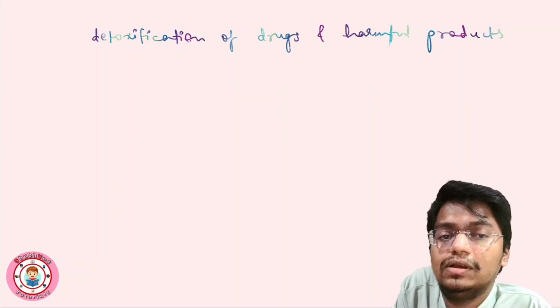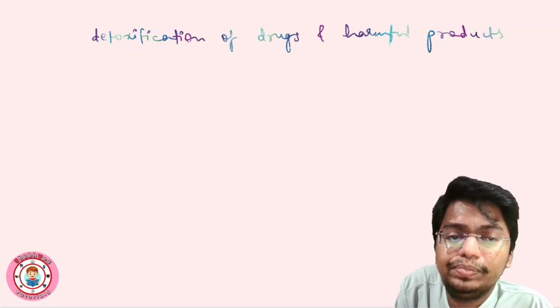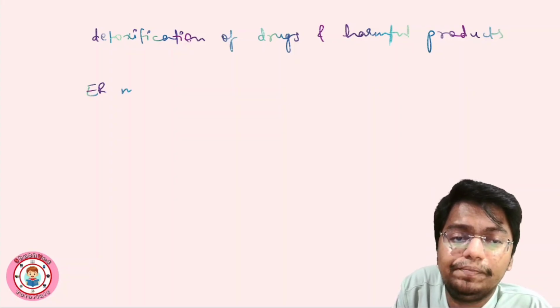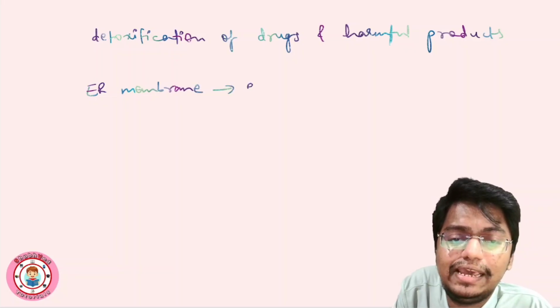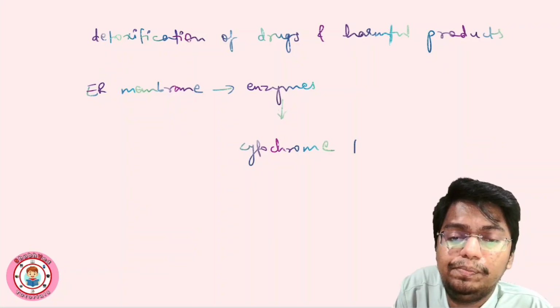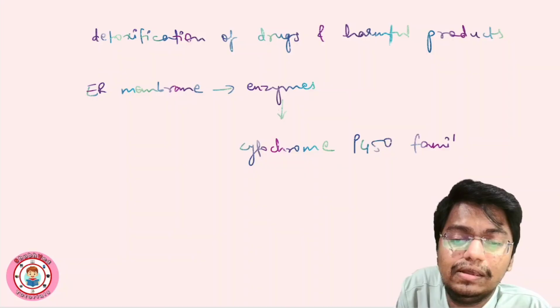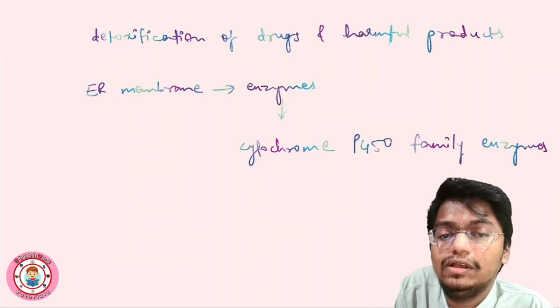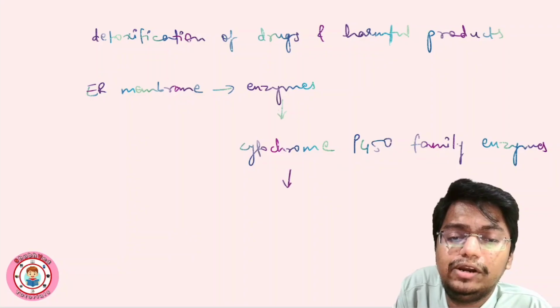The ER membrane contains enzymes, basically the cytochrome P450 family enzymes. Okay, so these are basically for detoxification.